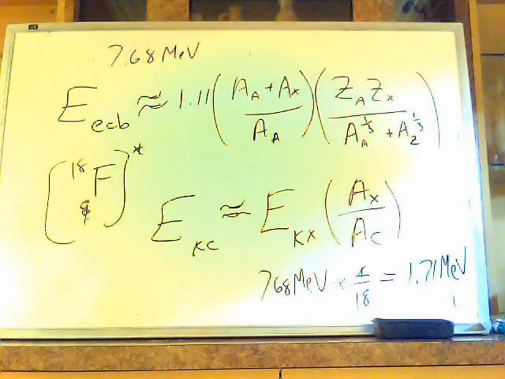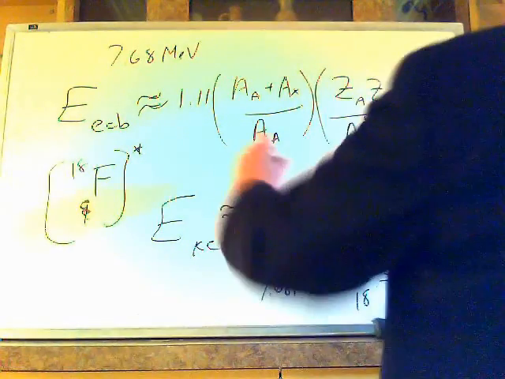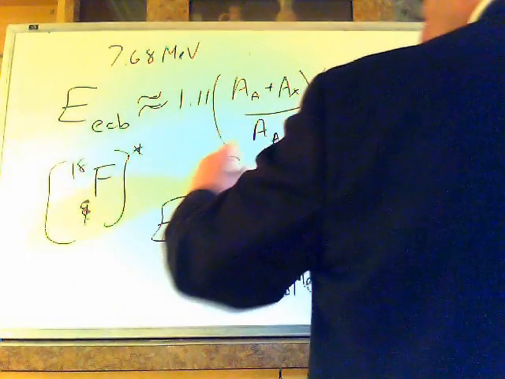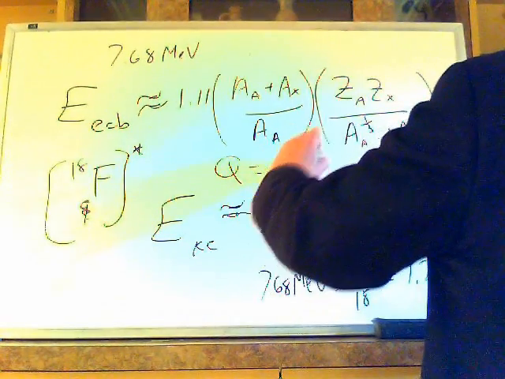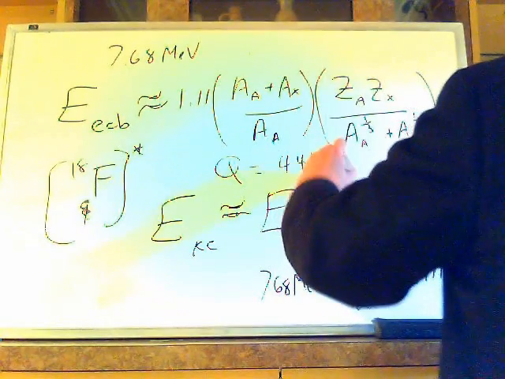Q would be equal to the mass of nitrogen, which is our target, the mass of the proton, of the helium, and we'd have to subtract from that the mass of the products, and we would multiply that by 931.5 million electron volts per mass unit, and that's going to give us a Q value for this reaction equal to positive 4.41 million electron volts.